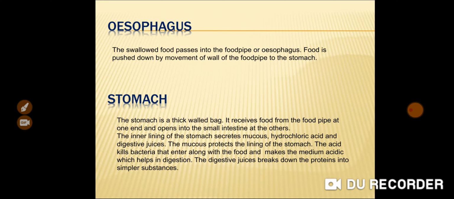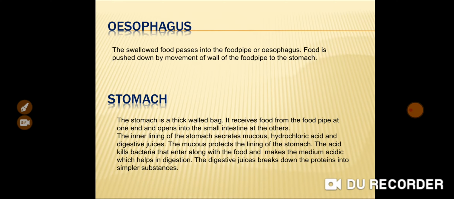The stomach is a thick-walled bag-like structure. It receives food from the food pipe at one end and opens into the small intestine at the other. The inner lining of the stomach secretes mucus, hydrochloric acid, and digestive juices. The mucus protects the lining of the stomach from the action of hydrochloric acid.